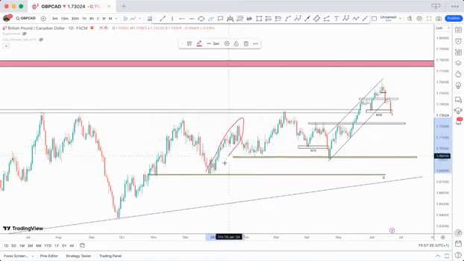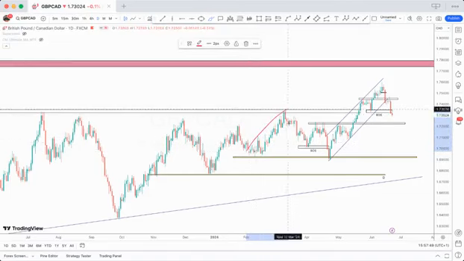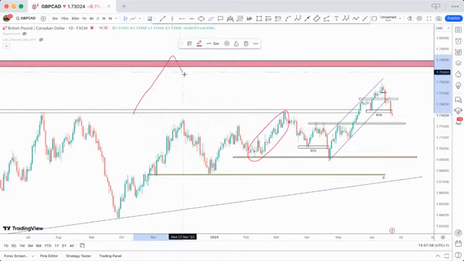So they are all in cycles. That one got ended, and then this downward movement also started. So that one also got ended, and then we have this one already.